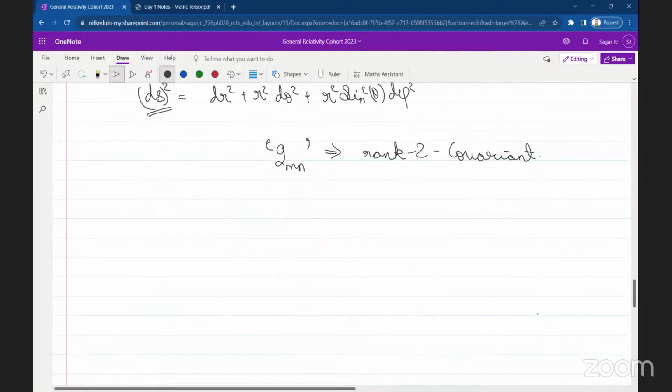So can anyone say what is the behavior of a rank 2 covariant component, like say T_mn? If I change the coordinates, how will that be related to the original T_mn? What's the expression? Do you remember?